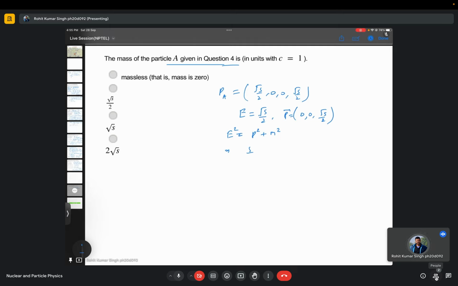So that means s by 4 should be equal to s by 4 plus M square, and we see here M is 0. So this is a massless particle, because here E is just equal to P, E square equal to P square. So the mass is 0 here.